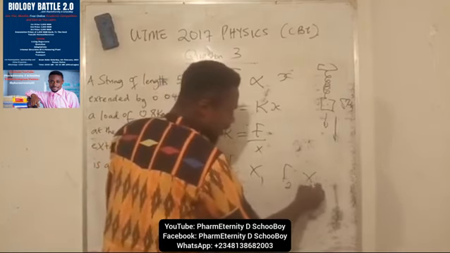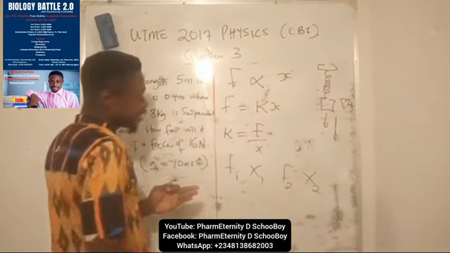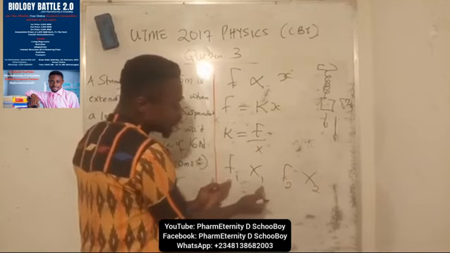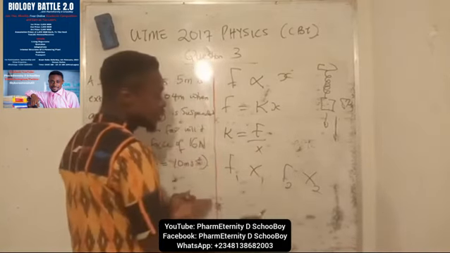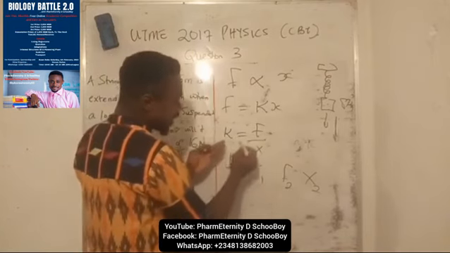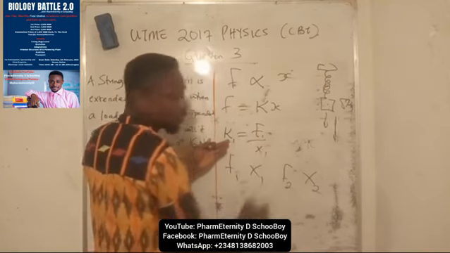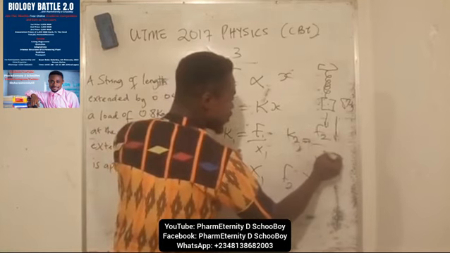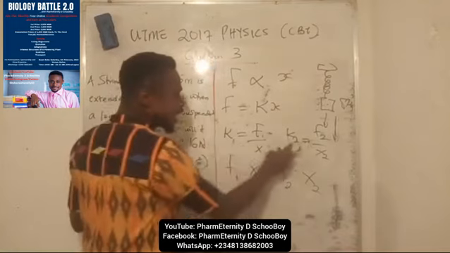We call it X2. So if K is F over X, then K1 is F1 over X1, and K2 will also be F2 over X2. But this K is constant. K1 and K2 are the same thing.